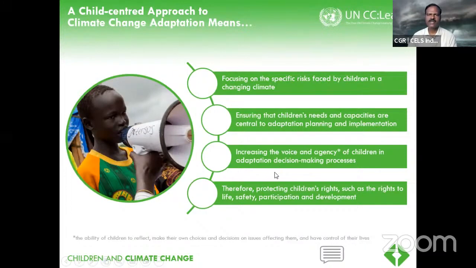Then increasing the voice and agency of children in adaptation decision-making processes. Like we have UNICEF, several organizations which are working for children. Therefore, protecting children's rights, such as the rights to life, safety, participation, and development. Even the Indian Constitution gives these kinds of rights.